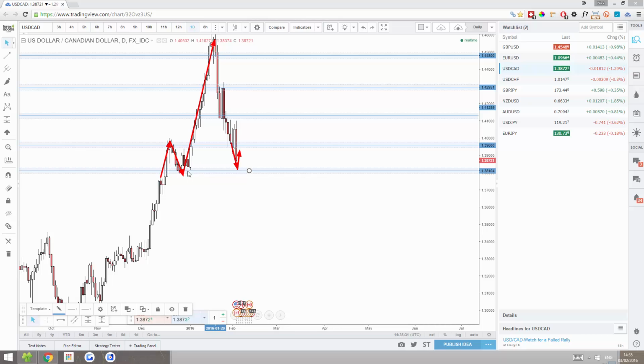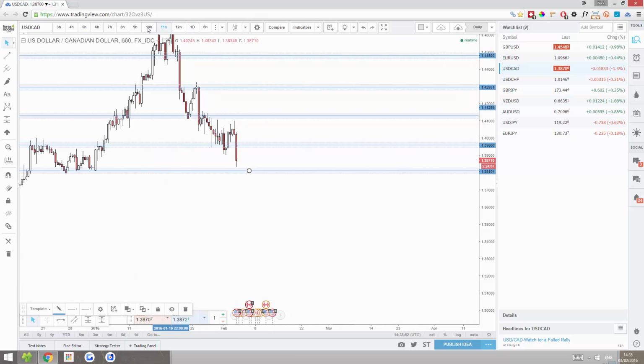Right? So clearly that was a pretty major bounce, and I would be surprised if price doesn't react here at all. So let's see what happens when price pushes down to this area, the 138.10. And let's switch time frame and jump down and see what price is doing.